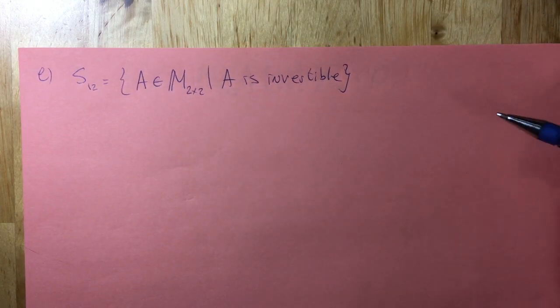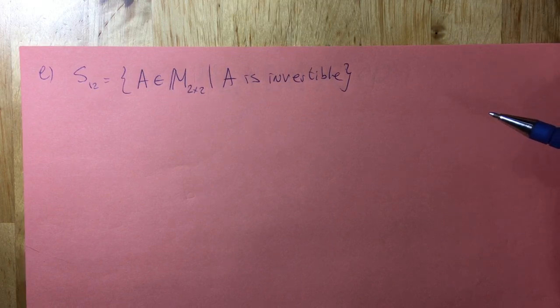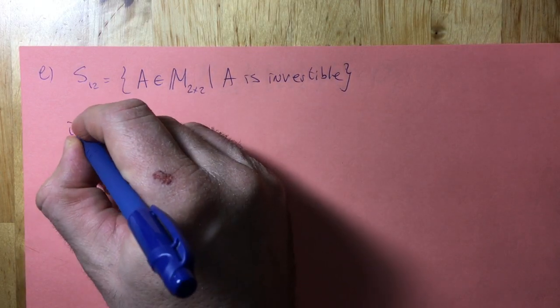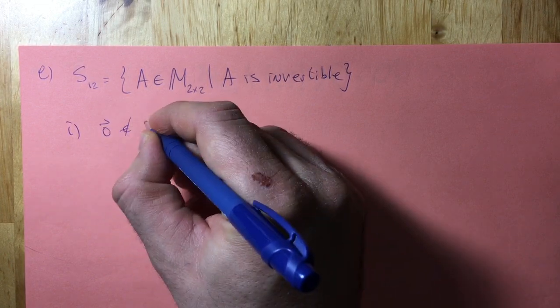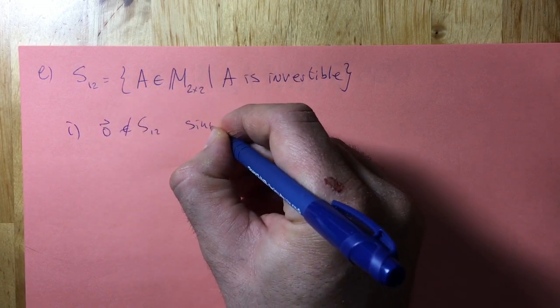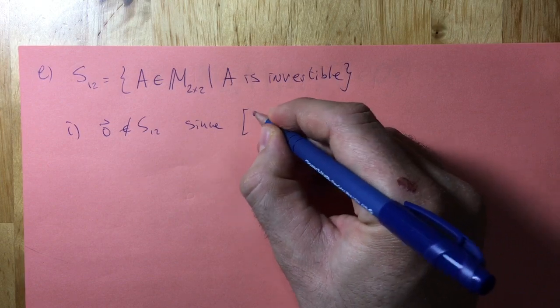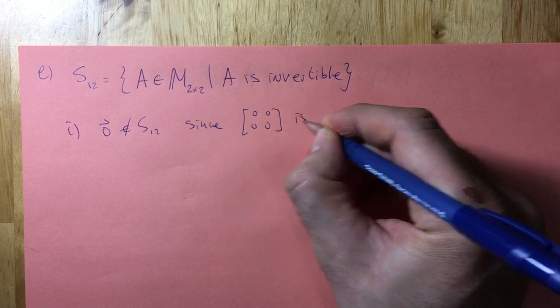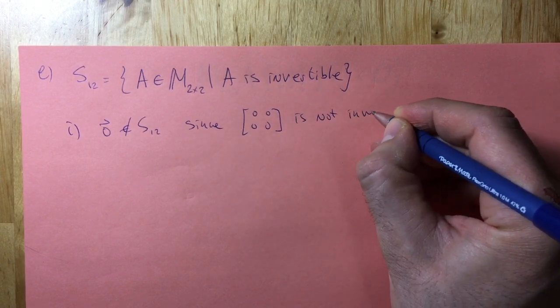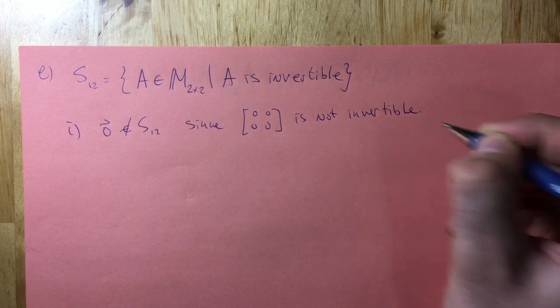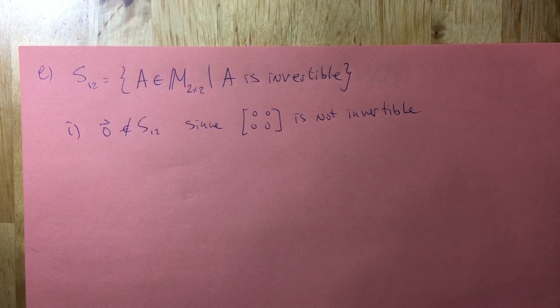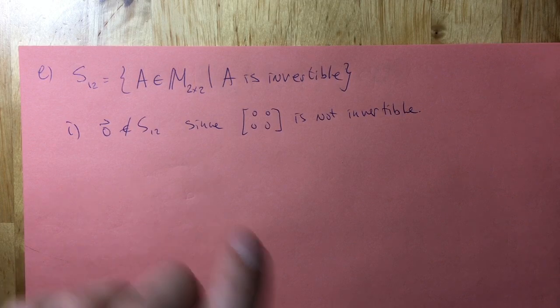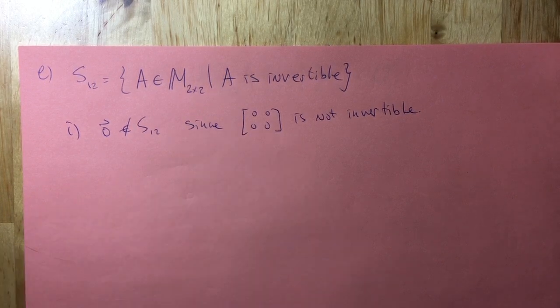The zero element is not in S12 since 0 0 0 0 is not invertible. We know that it's not invertible because the determinant of this matrix is 0, and matrices with 0 determinant are not invertible.